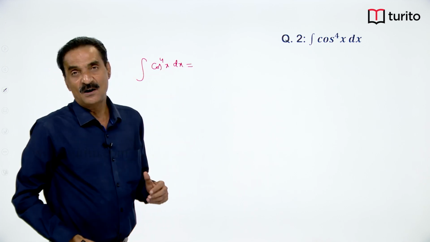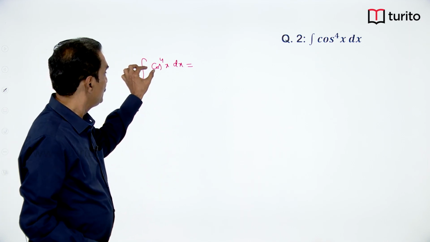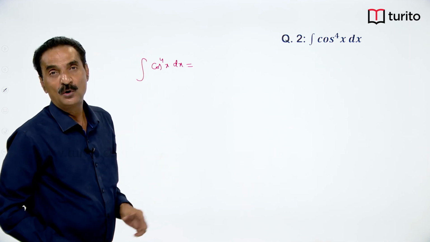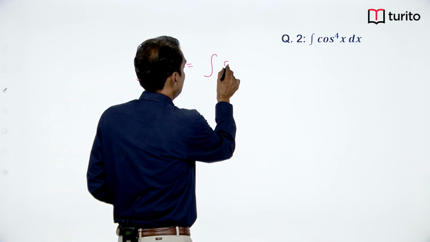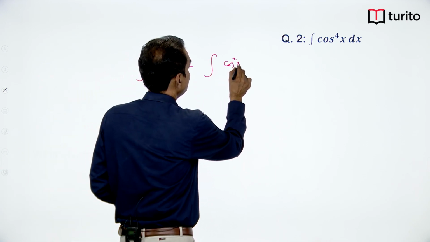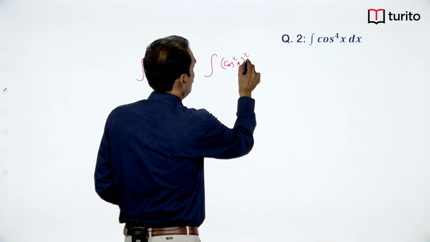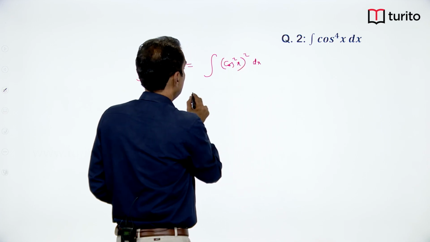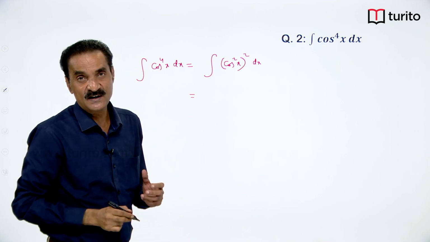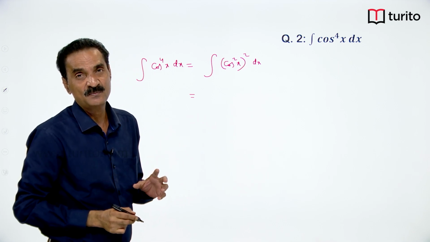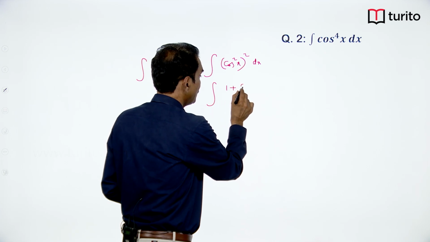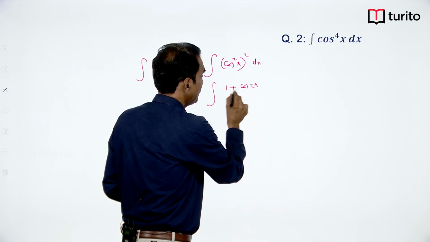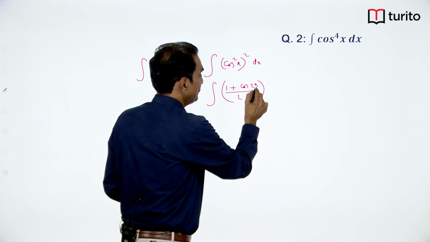Here when the power is even, you write it as cos square x whole square, dx. We can write cos square x as 1 plus cos 2x by 2, whole square.